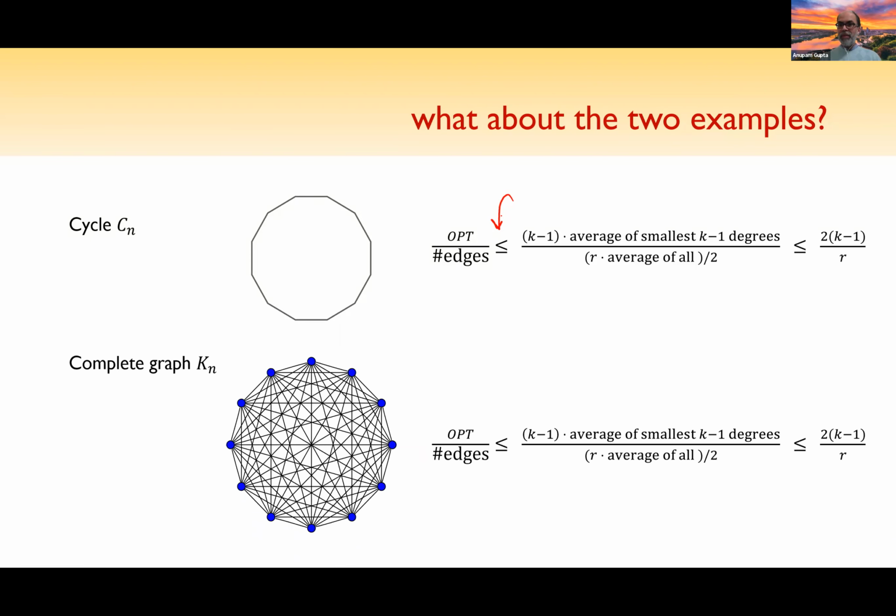In the complete graph, everything seems tight. Opt is indeed k minus 1 times the smallest degree. And the number of edges is indeed r times the average of all degrees divided by 2 at the beginning, when you have a complete graph. But as you start contracting the graph, the degrees become uneven.